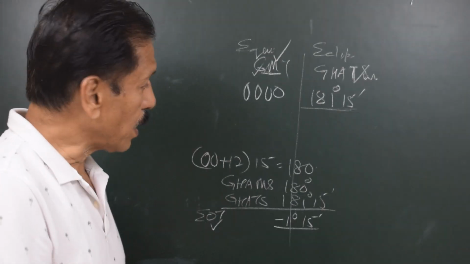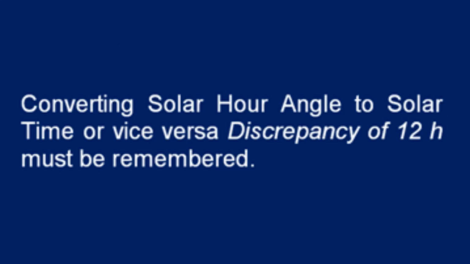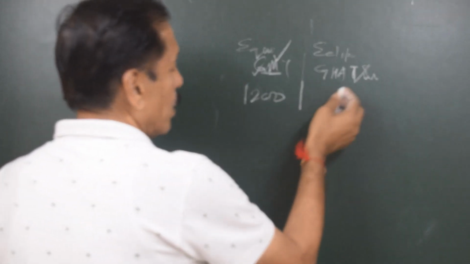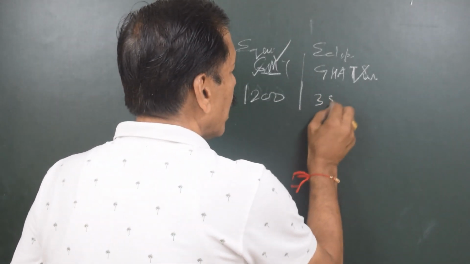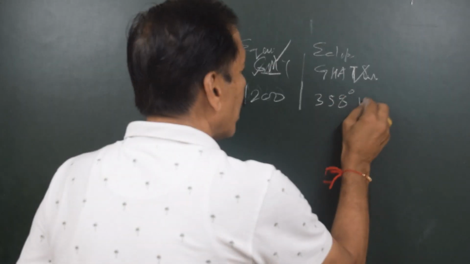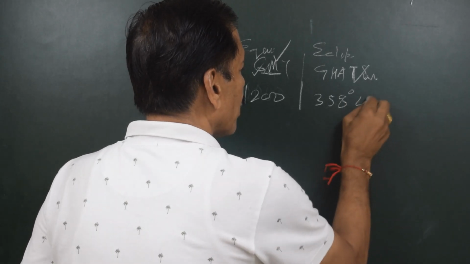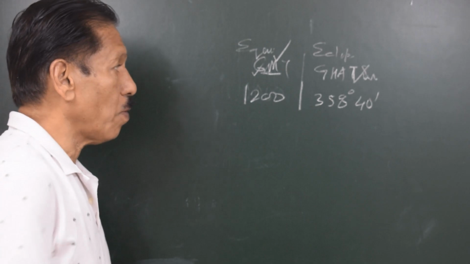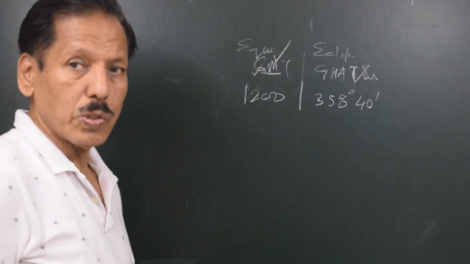Okay, let's take another example. Let's say at 1200 hours, the GHA of true sun is 358 degrees and 40 minutes. Now what we will do is convert the hour angle into time. In the last example, I converted the time into hour angle.